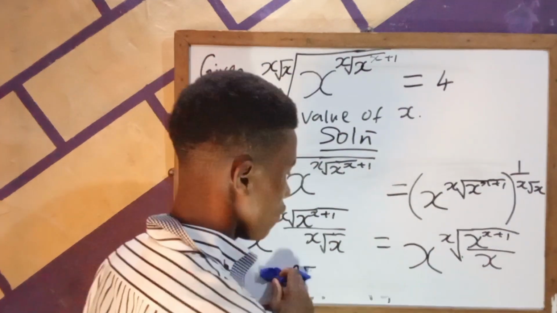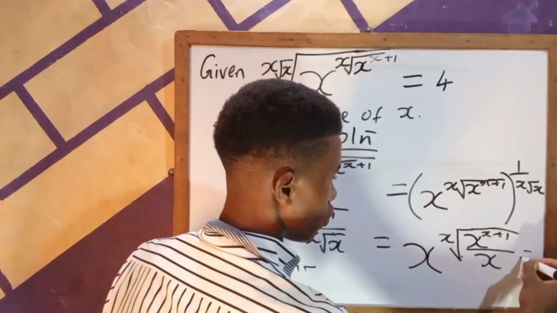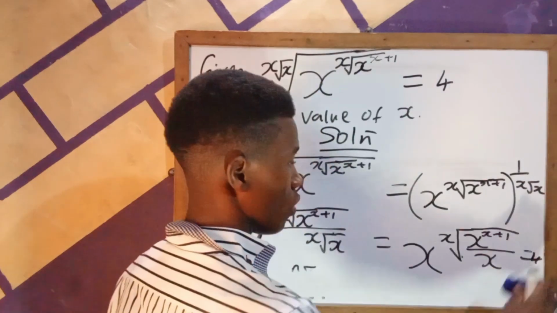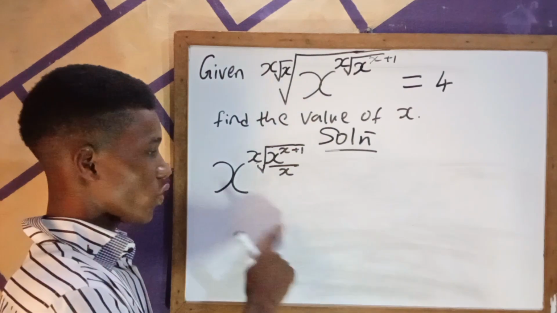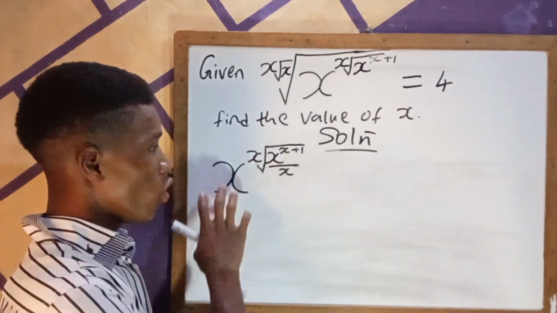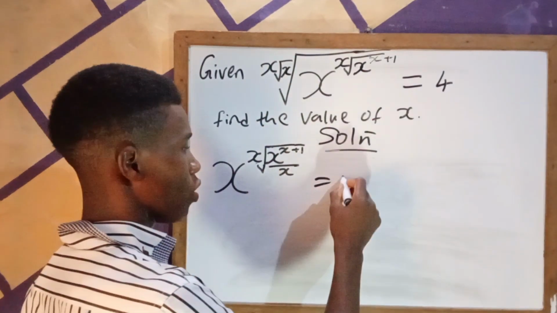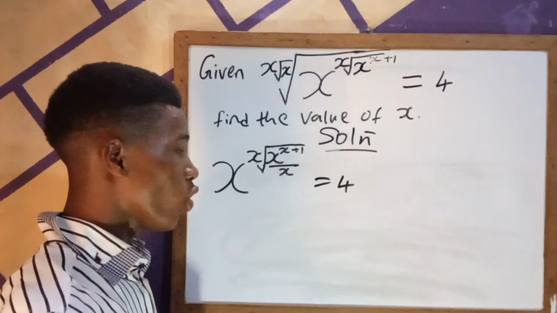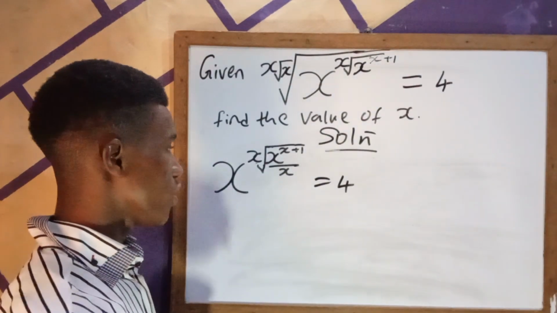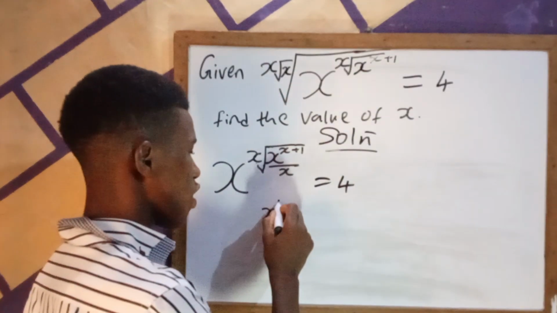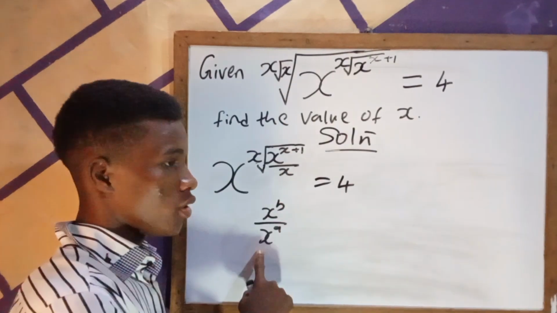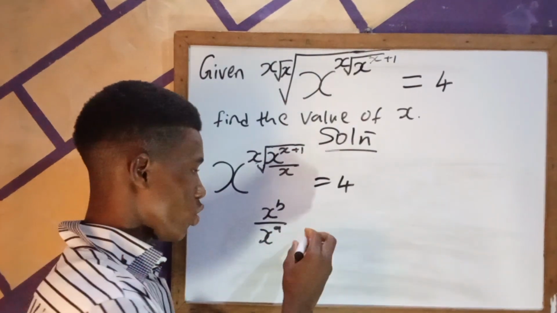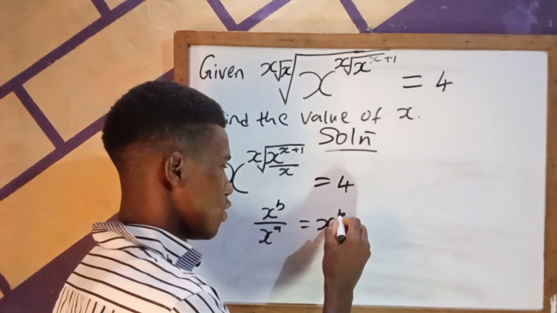And remember, this is still equal to 4. So from what we solved down there, this is where we arrive at. So when we have this, we say that this is equal to 4. Now recall from the law of indices, we have that if we have x raised to power b over x raised to power a, since it is the same x, similar base, it will be x raised to power b minus a.